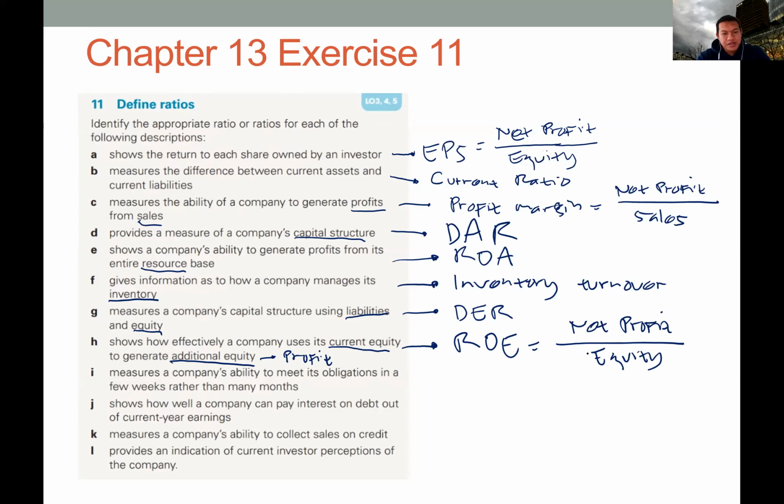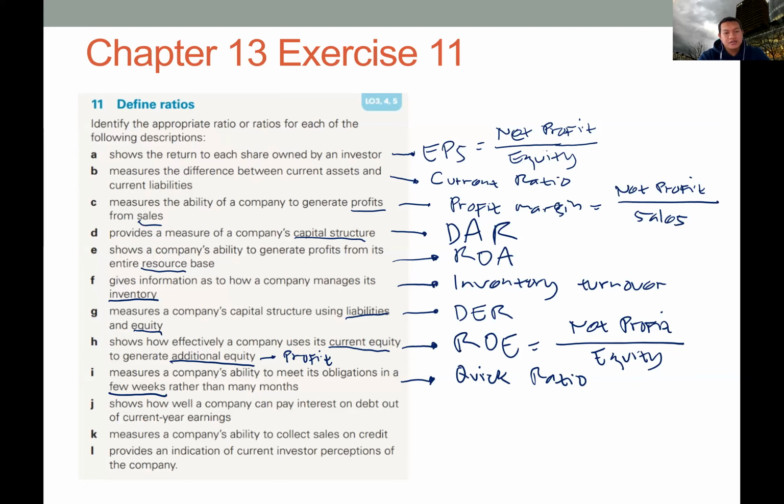Next, measures a company's ability to meet its obligations in a few weeks rather than many months. A few weeks is very short. So I think the idea of this question is they want to know the liquidity of the company in the very short term. So this one should be the quick ratio, or quick asset ratio.